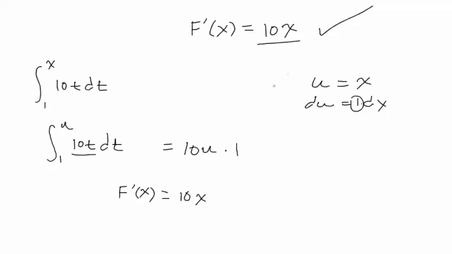Do you see that? So in short, this is what you're going to do every time. I'm leaving out the fundamental theorem of calculus here, but you just rewrite whatever the integrand is in terms of u, and then this part here, when you take the derivative, it's really du over dx, which is 1.